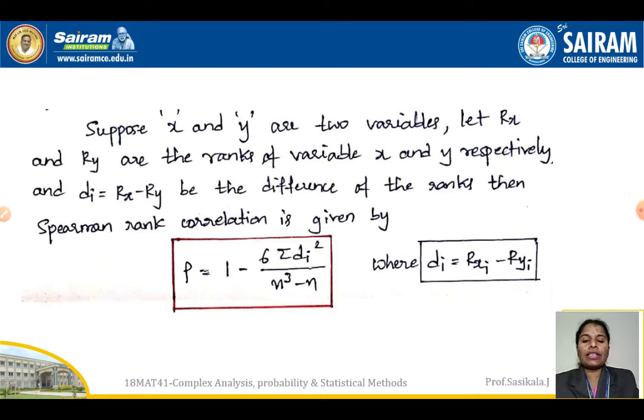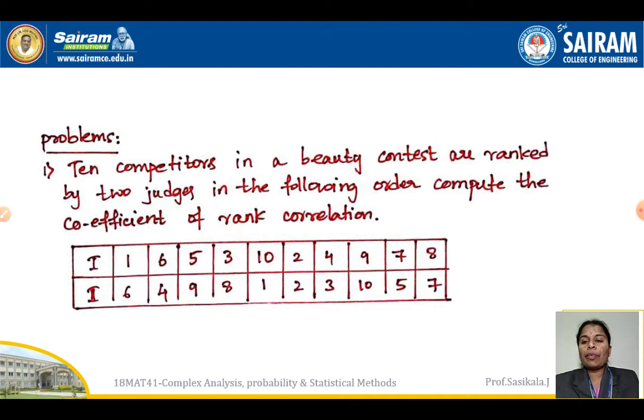In the book it is written as n of n squared minus 1, which is the same thing. So the formula is 1 minus 6 summation di squared by n cubed minus n, where di equals Rxi minus Ryi. Let's go with a problem to understand rank correlation better.